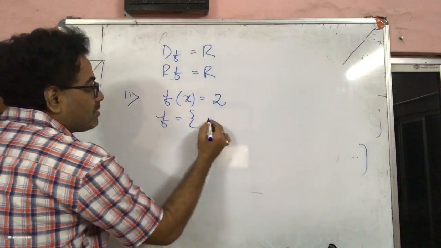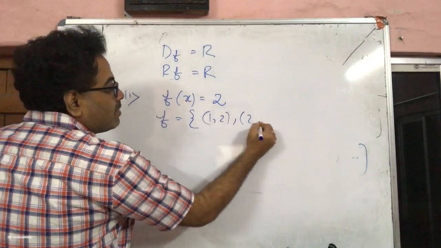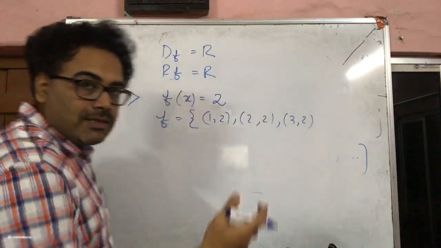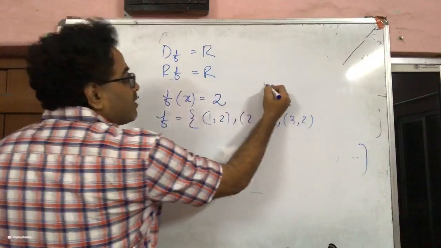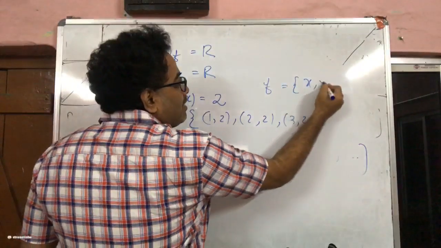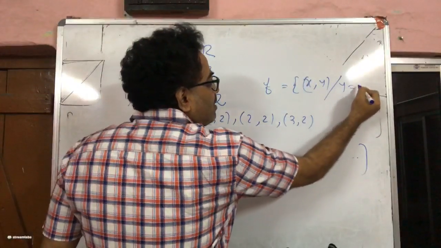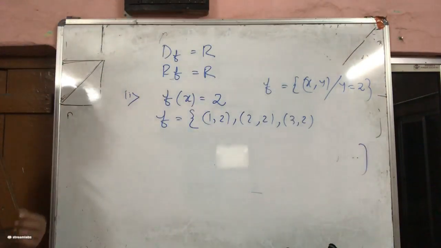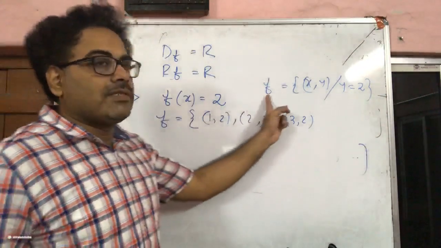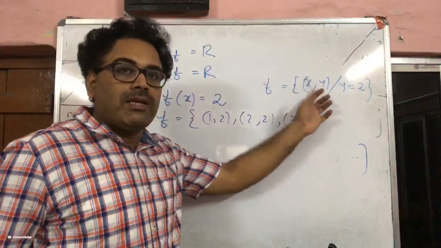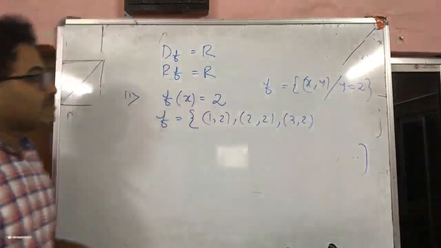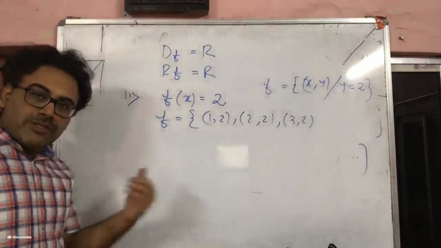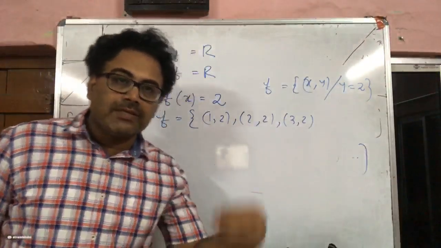So x1 to y equal to 2, x2 to y equal to 2, x3 to y equal to 2. Y is always 2. f(x) equal to y. Always the pattern is like f equal to collection of all (x, y), and some restriction is given. Here y equal to 2. Okay. So this is the format. F equal to all (x, y) where y is 2. So f(x) equal to y always. Image of x is y.